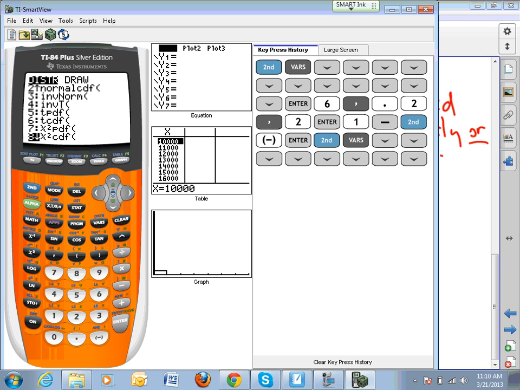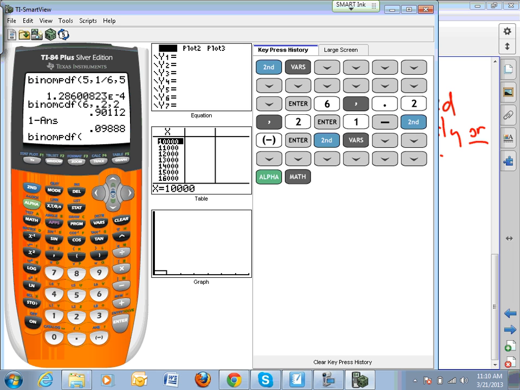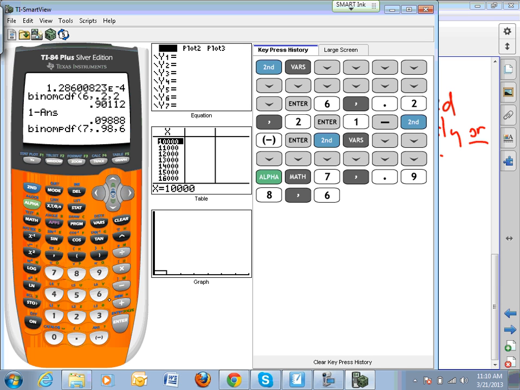CDF is B. PDF, we use PDF. Alright, so we take binomial PDF of 7. Oh, that's what it was. I thought 9, not 7.